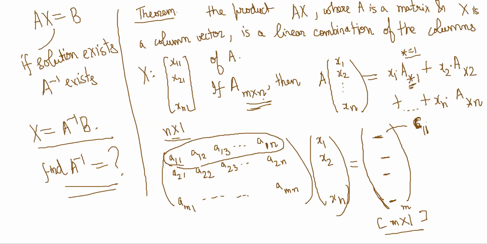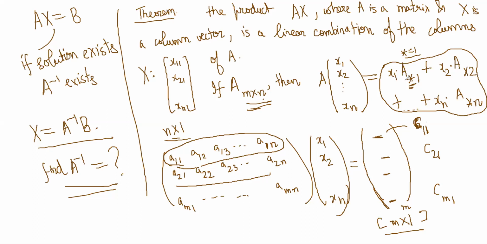And then what is C21? The star becomes 2, and there will be total m of these, till Cm1. This is just telling you one particular entry. Star is a summation, by the way, going from 1 to n.